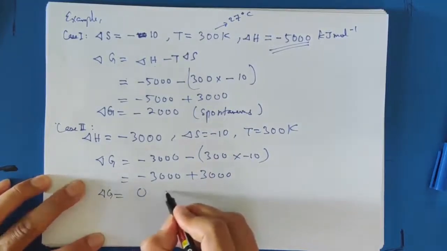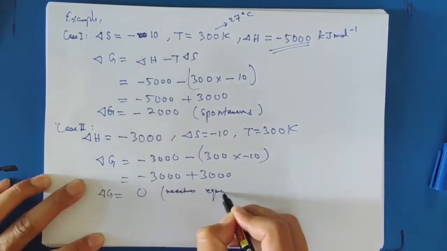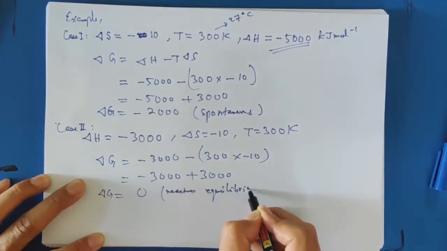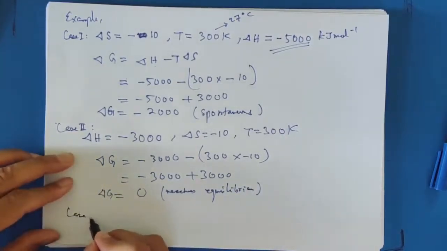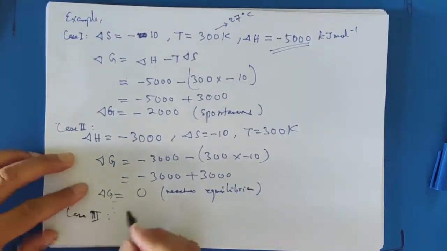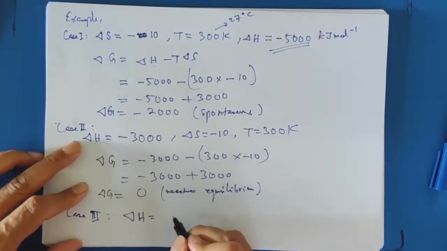Why is del G 0? It is the process reaches equilibrium. Right? Okay. In this case del G is becoming more or less negative.